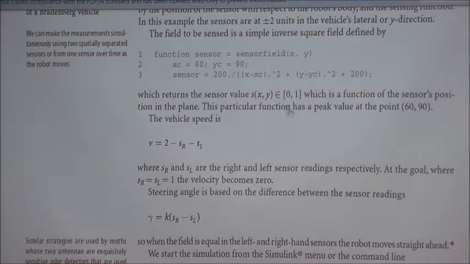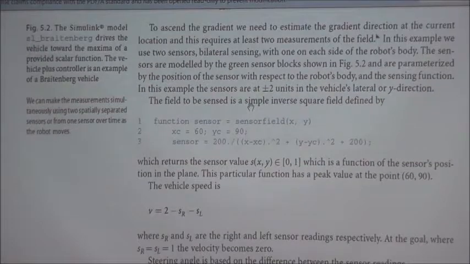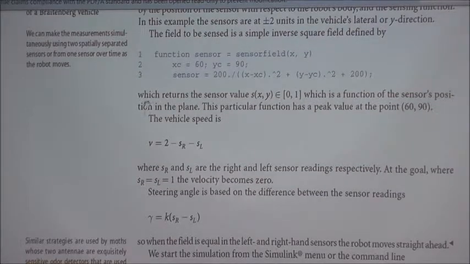So the particular function has a peak value at the point 60 and 90. In other words, based on what we are talking about in these two control paradigms, it's equivalent to maximizing some kind of scalar function, which is the negative of the distance between the mobile robot and the goal.